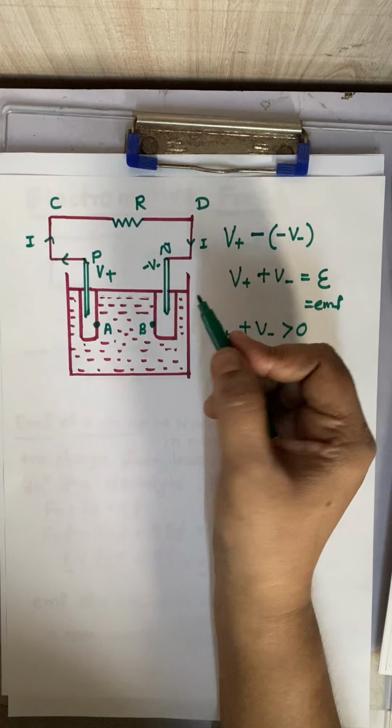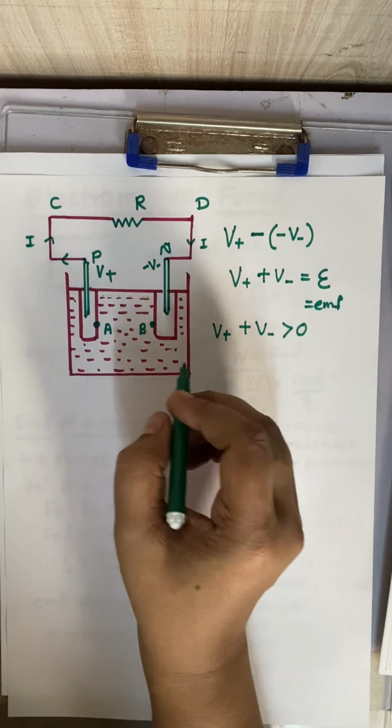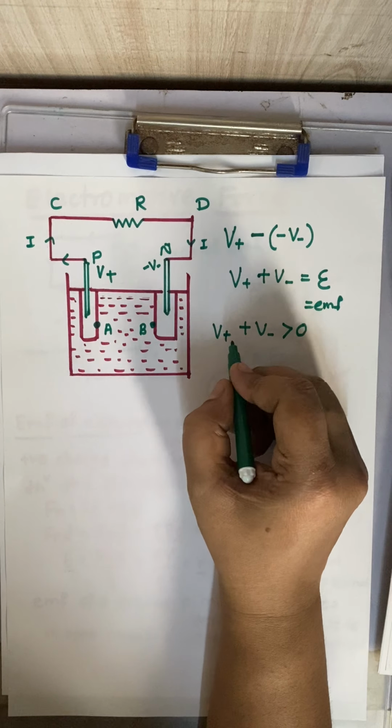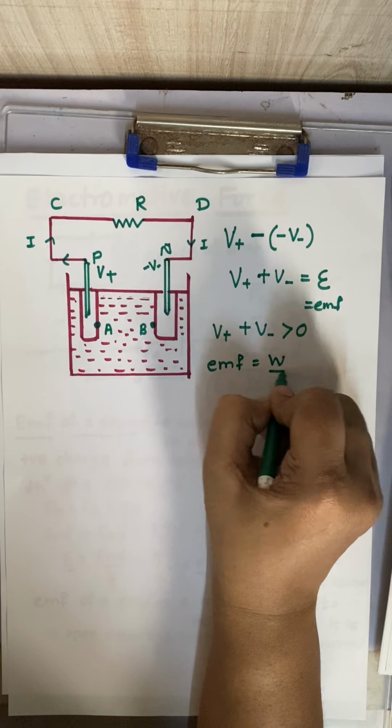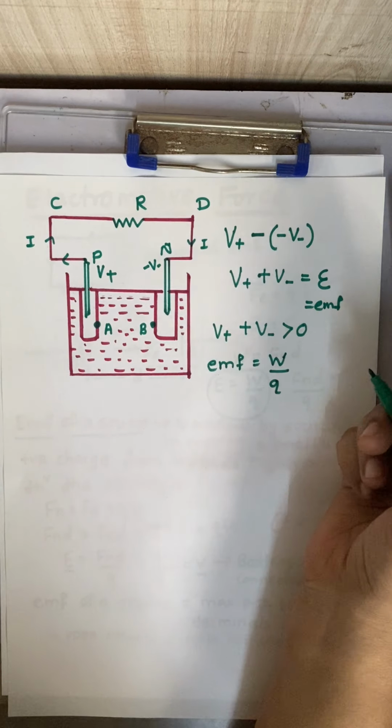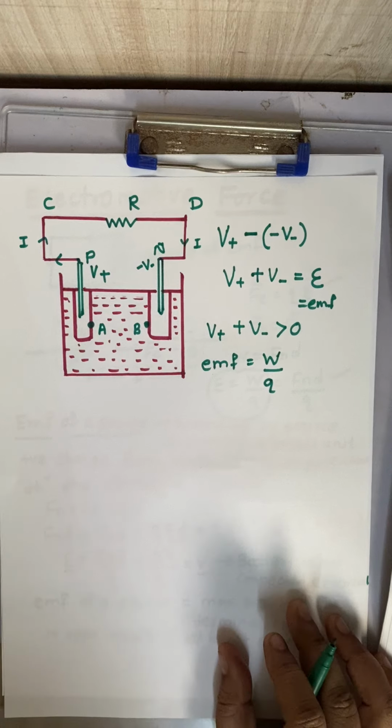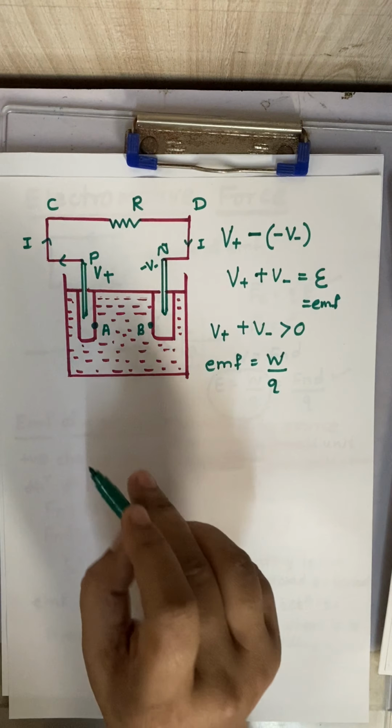That is called the net work done, W, and that net work done is called the EMF. So EMF is equal to W upon Q, the work done per unit charge, and this is the energy supplied.